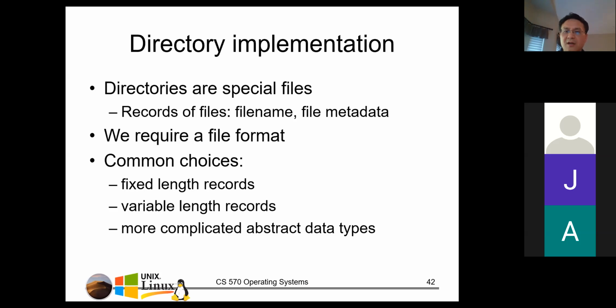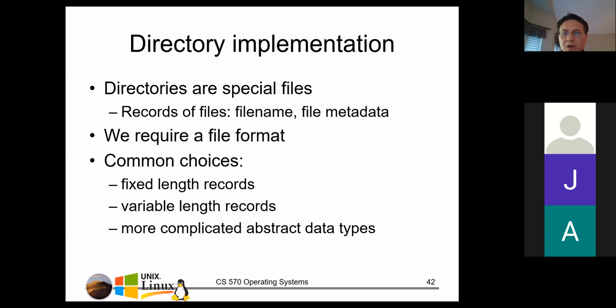So what does a directory do? As we also talked about briefly when we started the file system topic, a directory is also a file. Using Unix as an example, a directory, like a regular file, also has its own inode. So that inode also has the attributes and a block map for the directory.